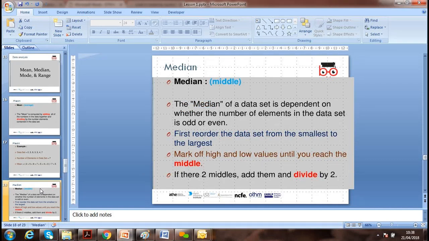The median depends on whether the number of elements in the data set is odd or even. First, reorder the data set from the smallest to the largest. Cross off high and low values until you reach the middle. If there are two middle values, add them and divide by 2.